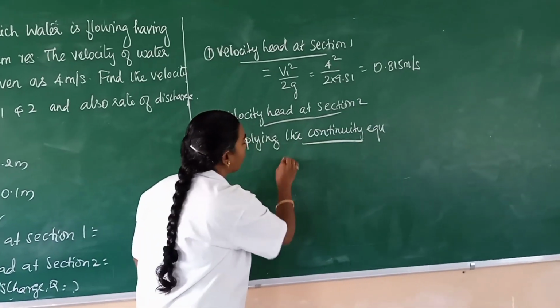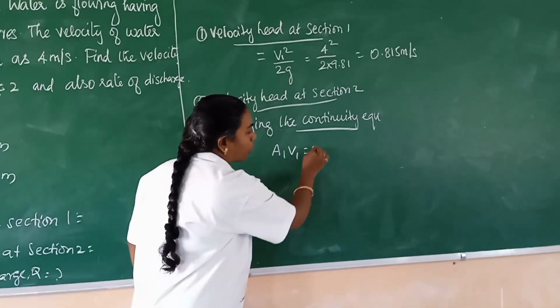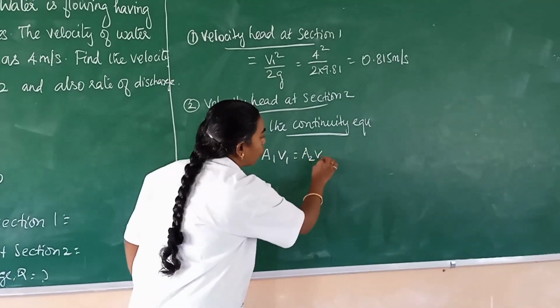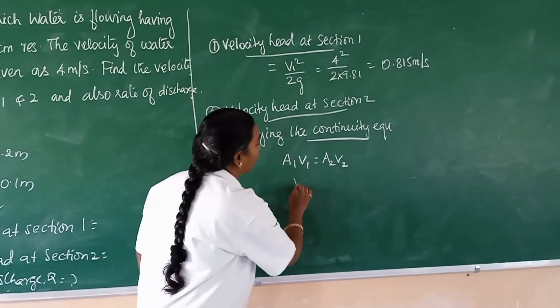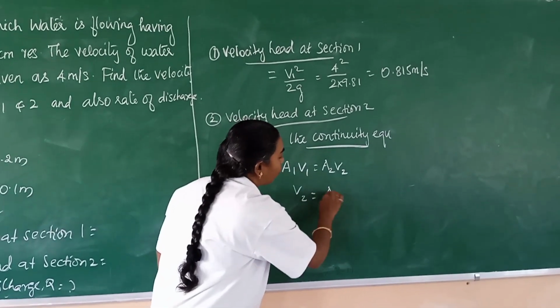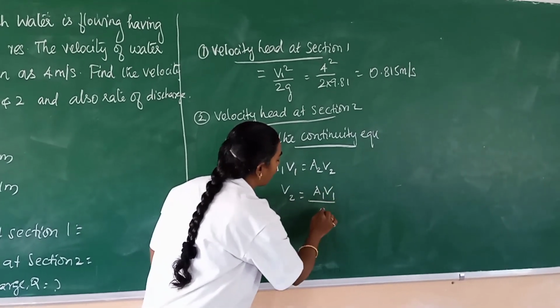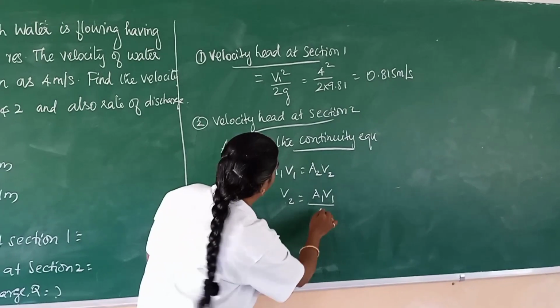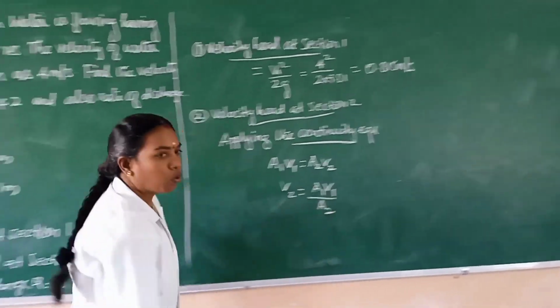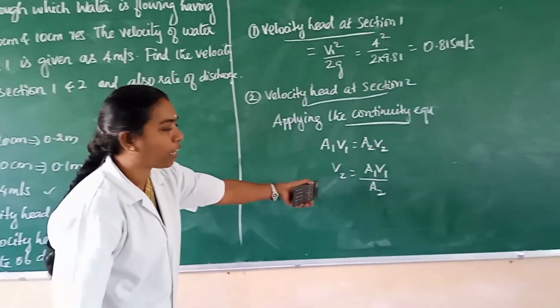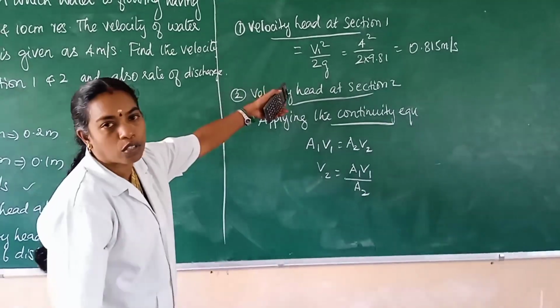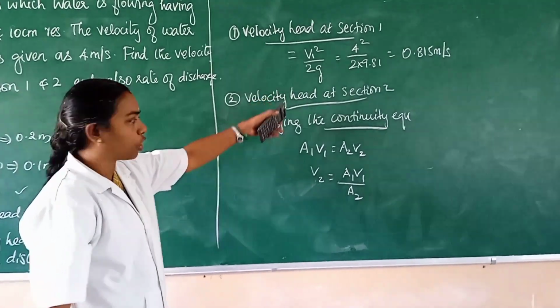The continuity equation is A1 V1 is equal to A2 V2. We need to find out the velocity V2, then we can find out the velocity head at section 2.